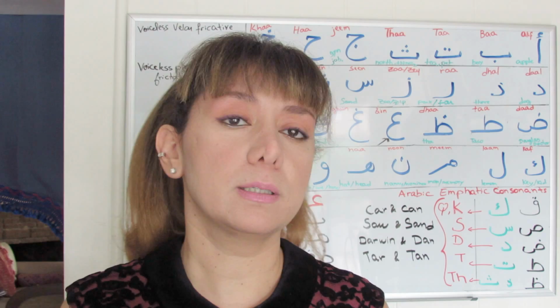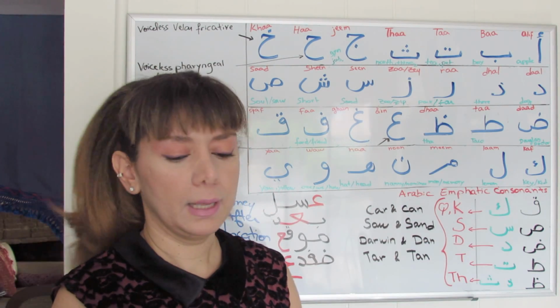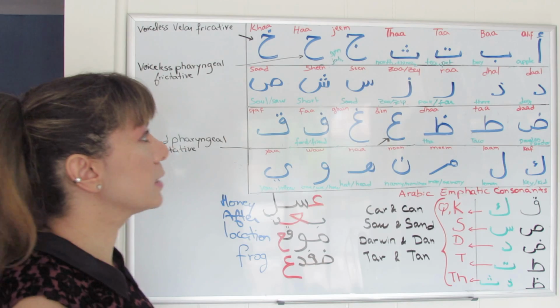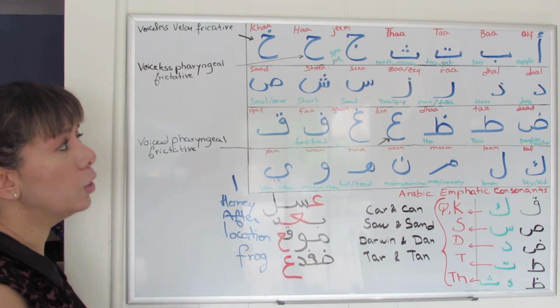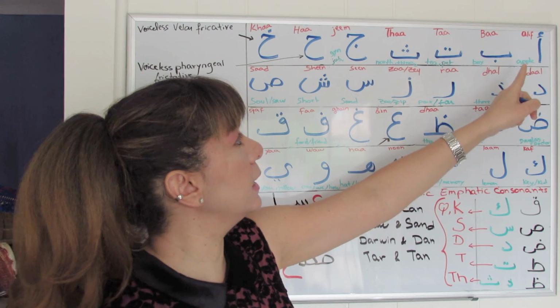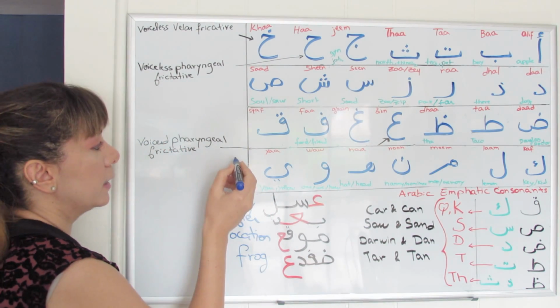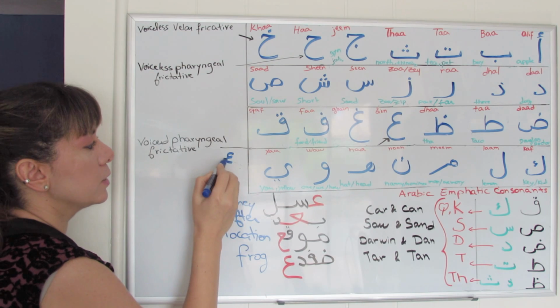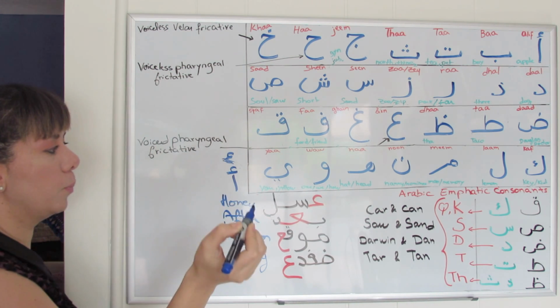Now let's start our alphabet. Alif. It looks like a vertical line with a hat. And the hat looks exactly like the top part of the letter Ain. So this is Ain, we get rid of the bottom part, so we have the top part.